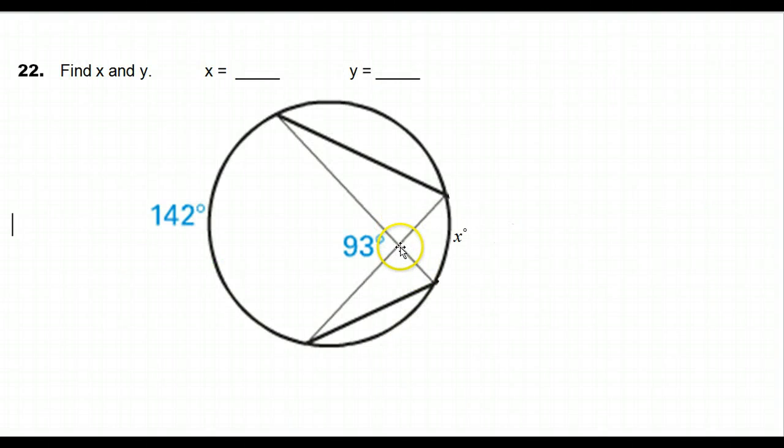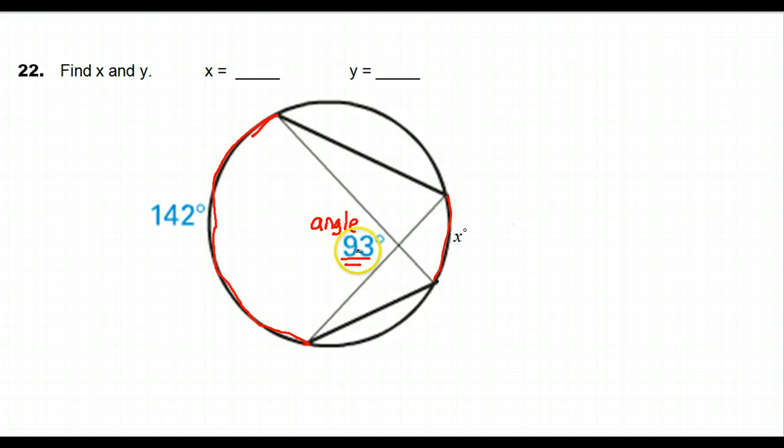The two intercepted arcs that we're talking about are the x arc, and this 142 degree arc that goes around like this. Please remember that this is the angle right here. It's the only angle in this picture.